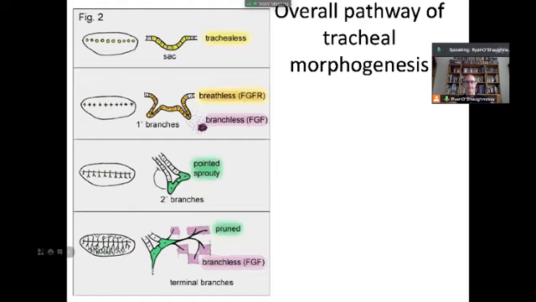So you can see here that we use that same pathway, the FGF receptor and FGF signaling molecule, but being modulated by that downstream serum response factor, pruned. We can either control growth and splitting of the tracheal tubes or their final terminal differentiation.